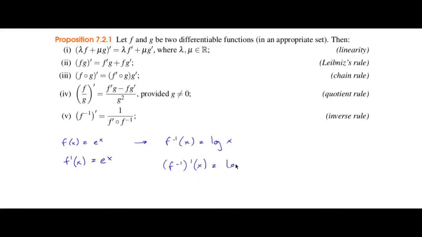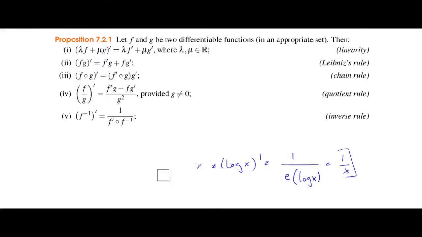The derivative of the logarithm is 1 over f prime, which is e^x, evaluated at f^-1. So e to the logarithm of x, which is x, gives 1 over x. So this is the derivative of the logarithm.